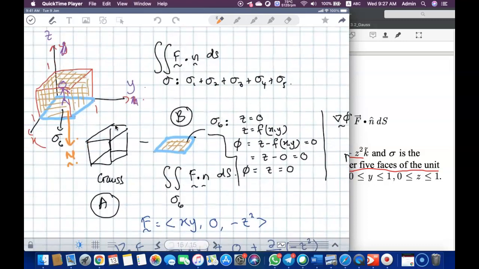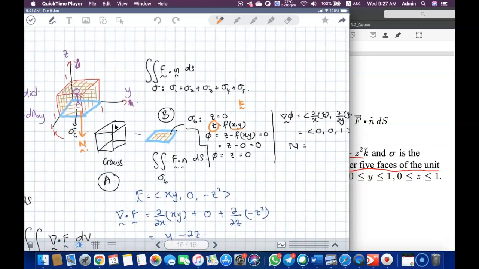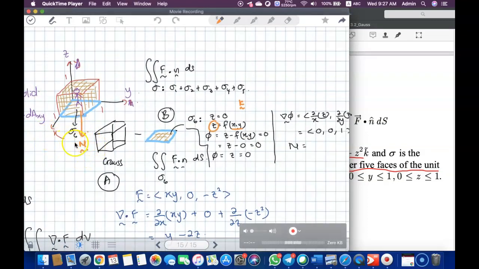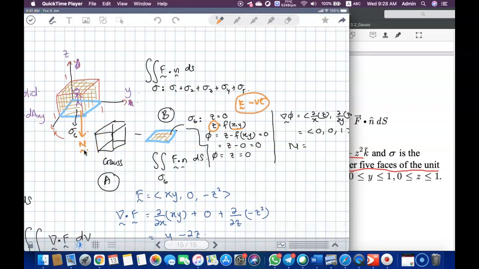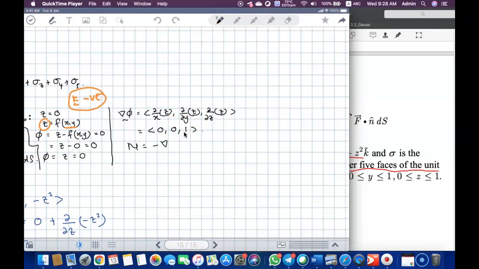We just look at the k component of the function of sigma 6 here. It is shown that n points to k negative. Is it negative? No. So you have to take negative grad phi. Then we get 0, 0, minus 1. So that is your n.